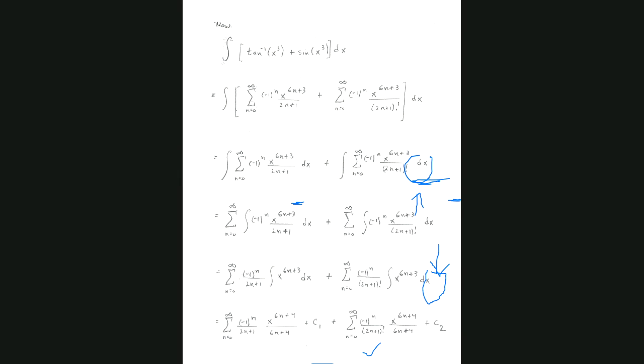And now, of course, we get the antiderivatives of those two functions, and that brings us to this step here. At this point, we've integrated, and so we introduce constants of integration, C1 and C2.